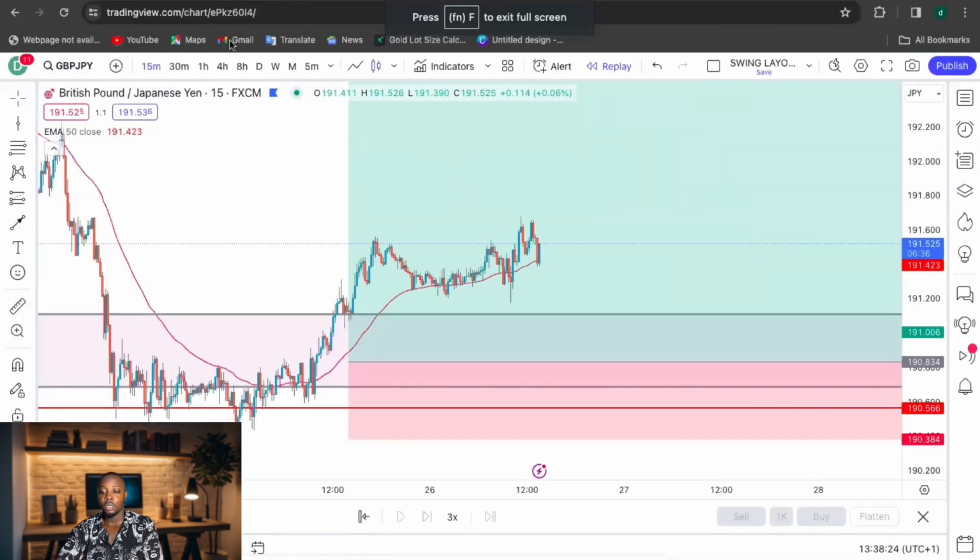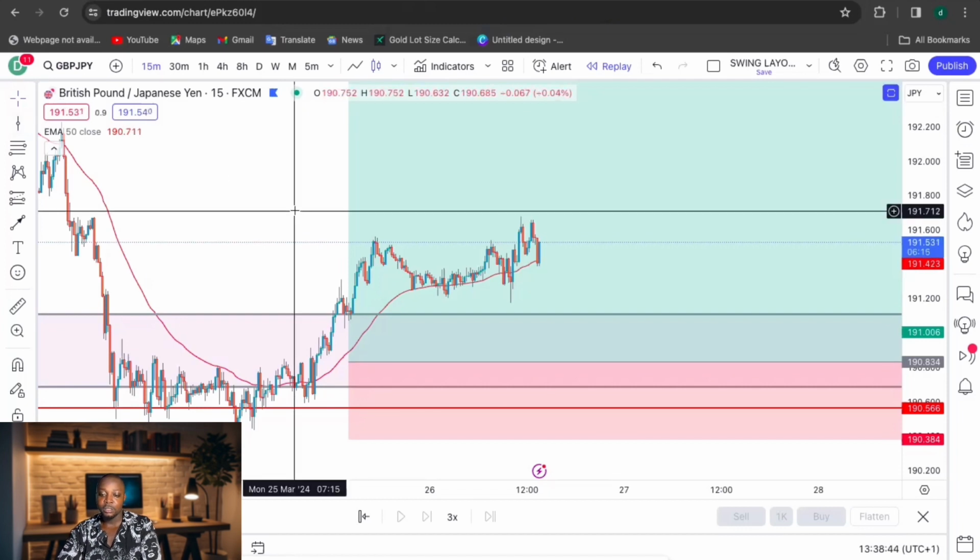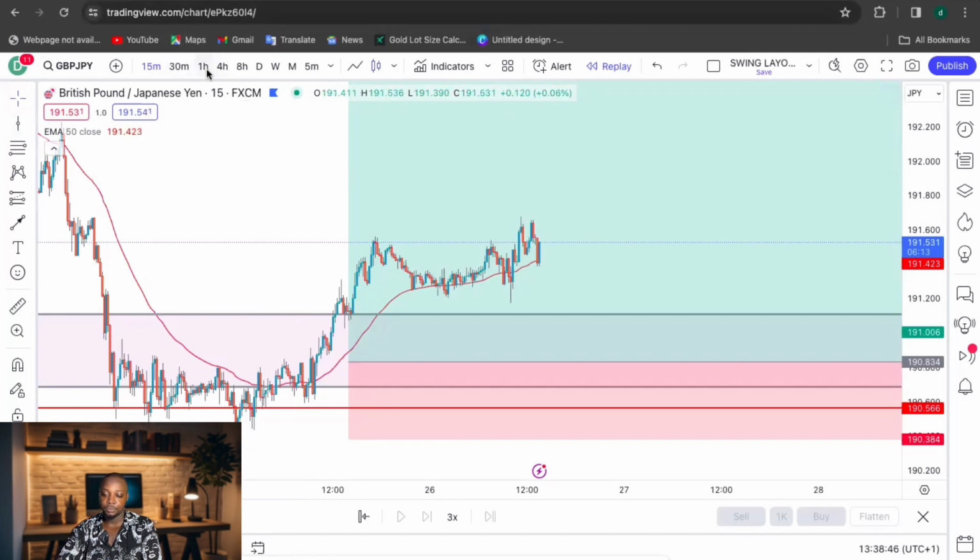So let's look at how to calculate pips and how to use pips, because the most important thing about knowing the value of pips is to use them to know how to calculate your risk and your potential reward. Okay, so let's look at live examples.